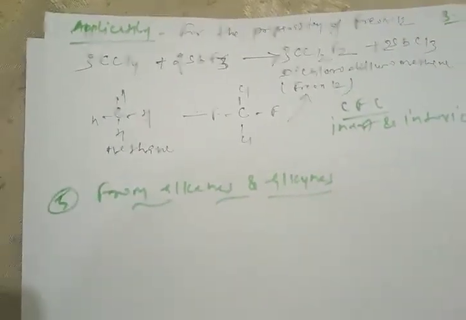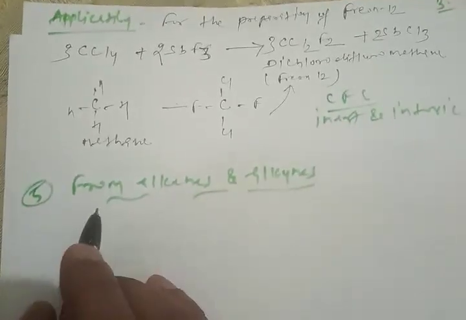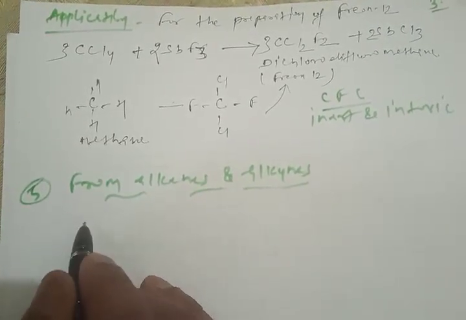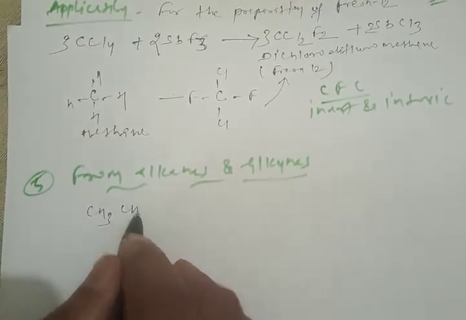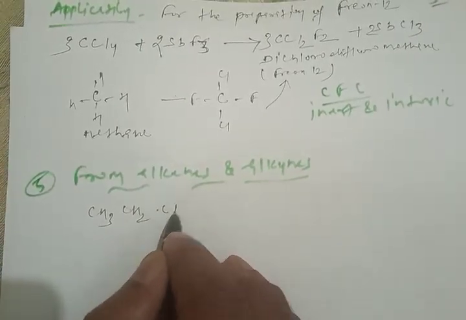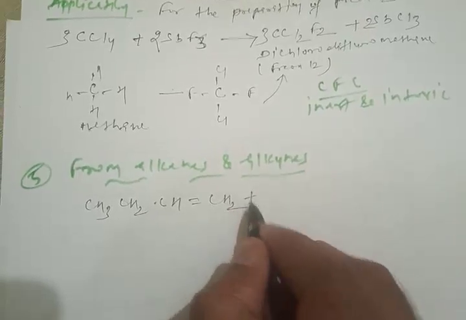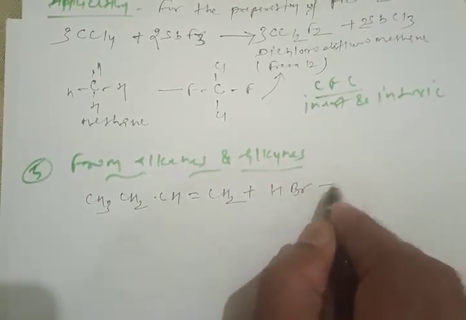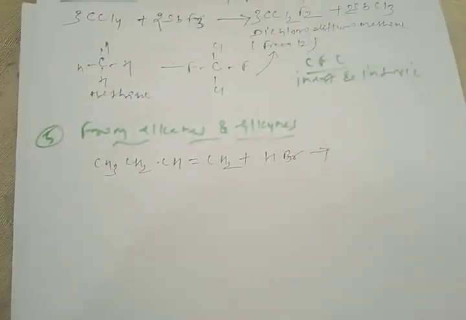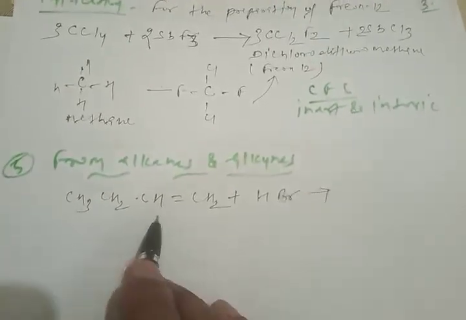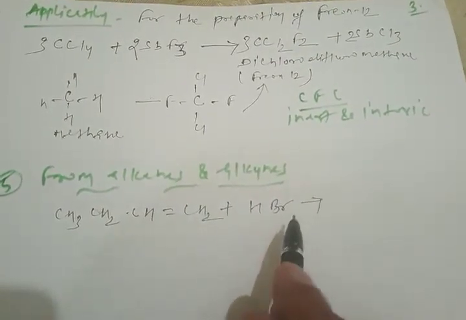So alkene and alkyne. Again, we'll take the alkene first. CH3CH2CH double bond CH2, and then HBr. So HX is the reactant, this is the alkene. This will follow the Markovnikov rule.